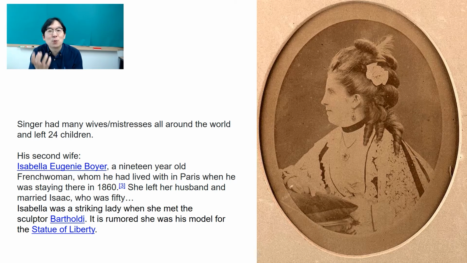Given that he had so many wives and many children, 24 children, right, left behind, guess how troublesome it could have been when he was passing over the ownership of the company to 24 different children, and then his wives or concubines all around the world. One spouse is good enough of a trouble for you, right? So all this fighting among these family members, right?